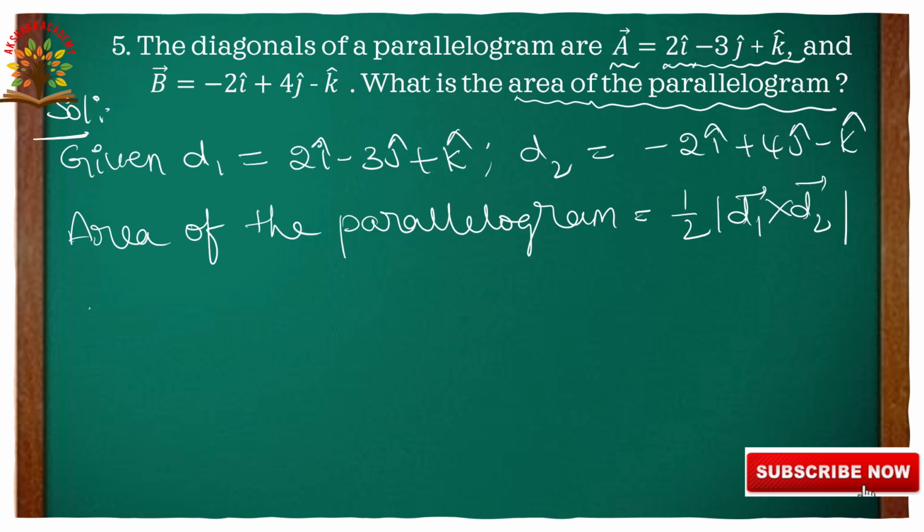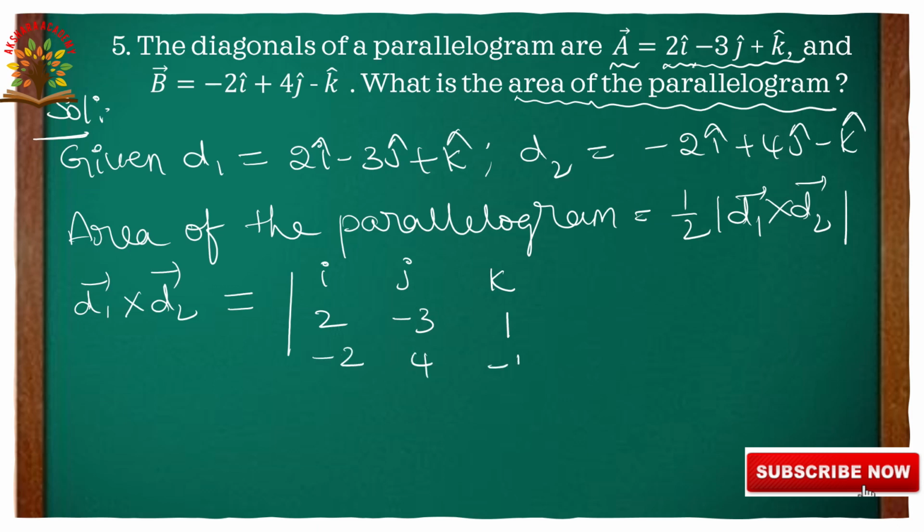So first we are finding d1 bar cross d2 bar, that is i, j, k, and the components of d1 are 2, minus 3, 1. The components of d2 are minus 2, 4, minus 1.